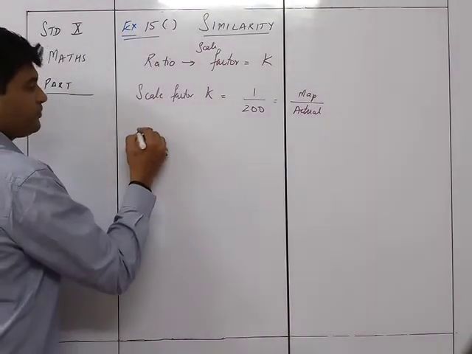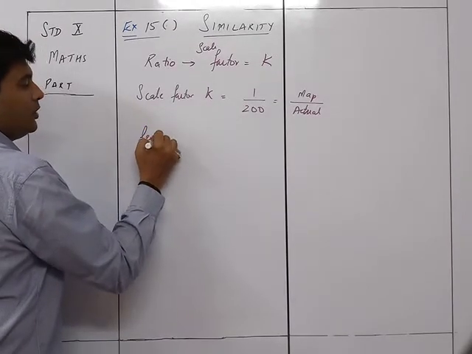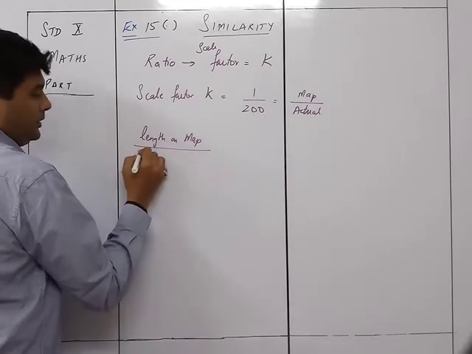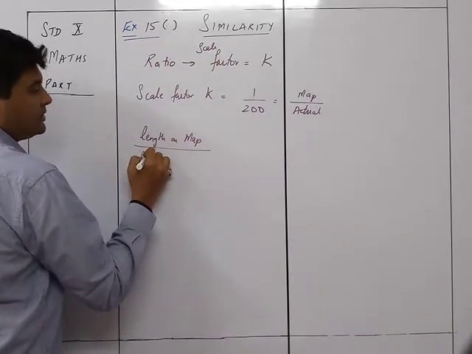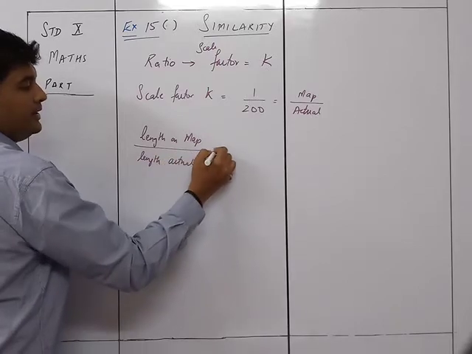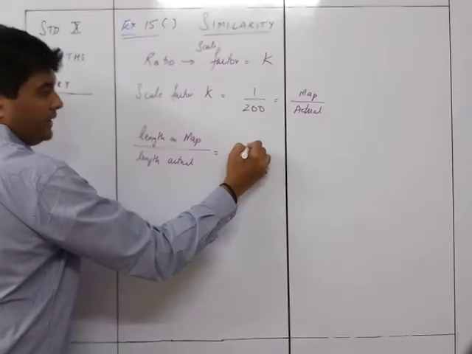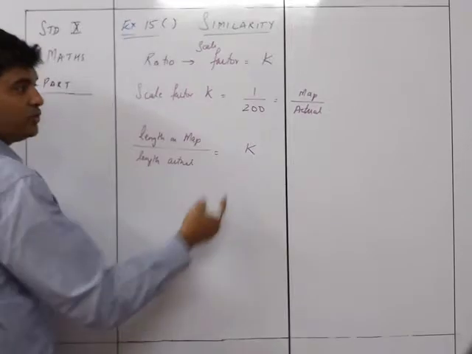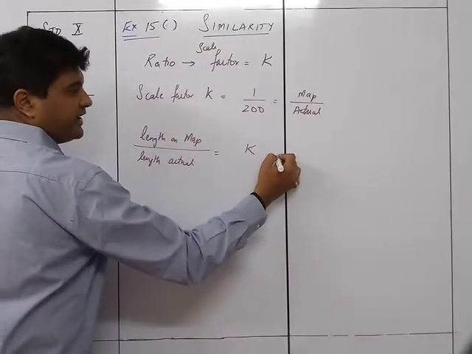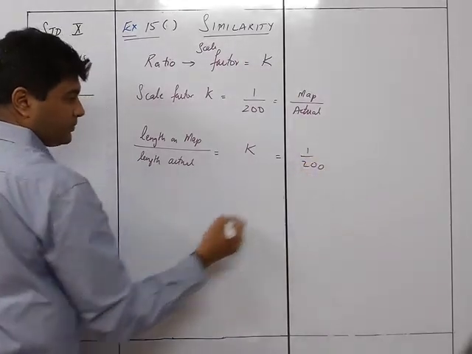The first thing is length on map upon length actual is equal to k. That is 1 upon 200 or whatever it is, so it will be k. In this case it is 1 upon 200.